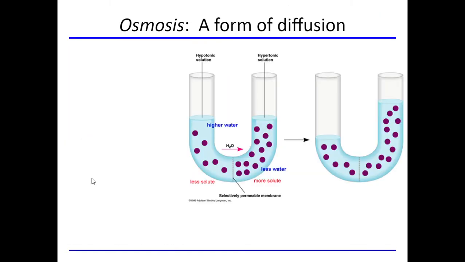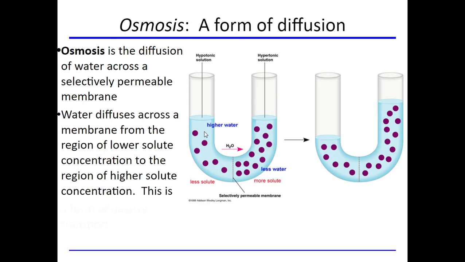And if we look here, I've got technically a higher concentration of water here than I do here, because I've got the same amount of water on both sides, but I've got less stuff on this left side. This technically means that there's a higher concentration of water on this left side.